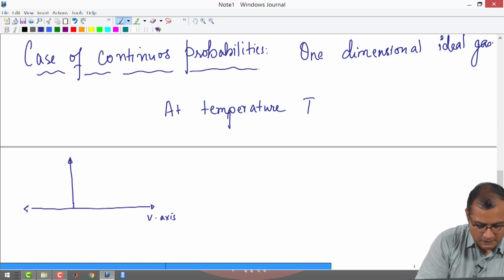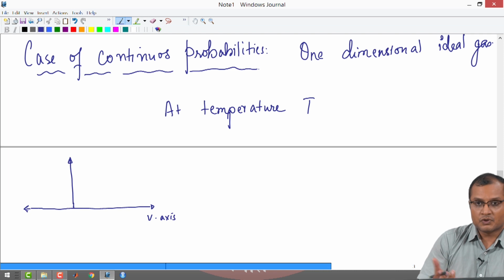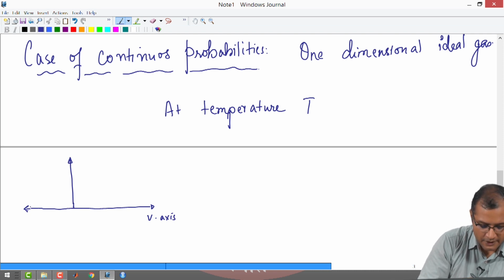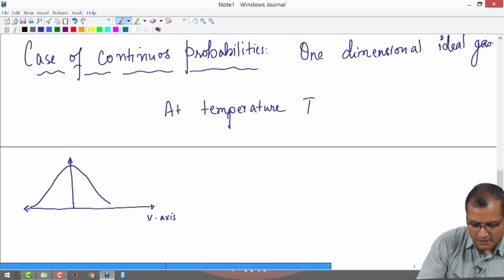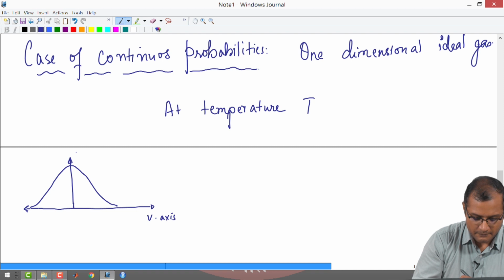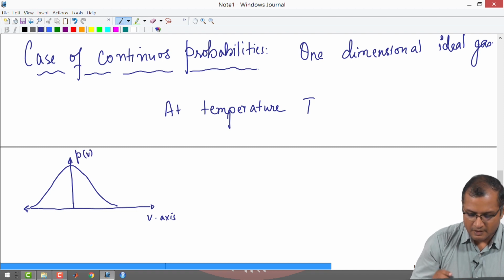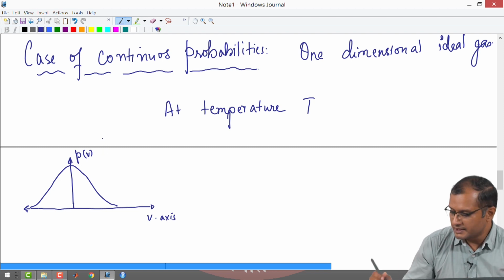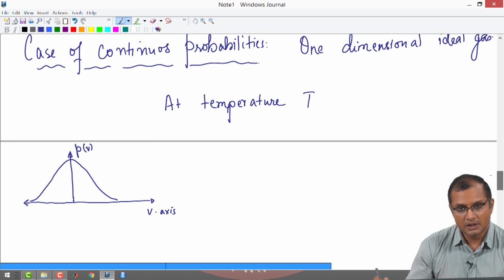So, I have some distribution of v and I know that the distribution is Gaussian or Maxwell-Boltzmann like, and we will derive this distribution.